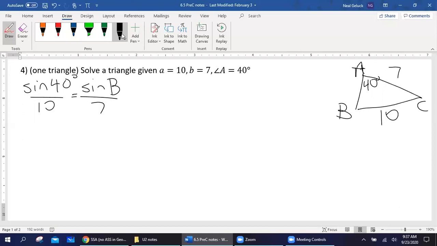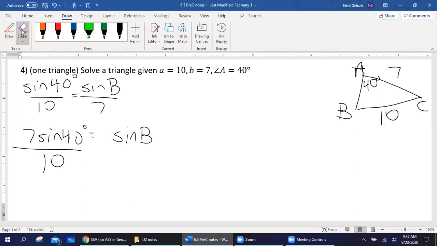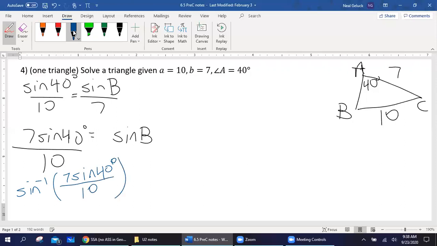I'll show one more time how I isolate angle B. So I'd cross multiply, I would divide over the 10, and then I would take the inverse sine to get B by itself. So I'd really be doing the inverse sine of 7 sine 40 over 10. If you put that into your calculator, you should get that angle B is 26.74 degrees.